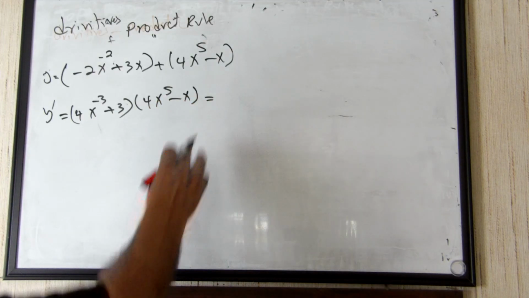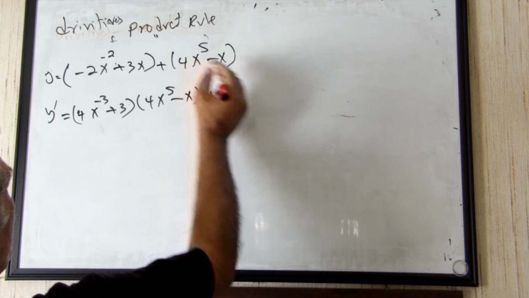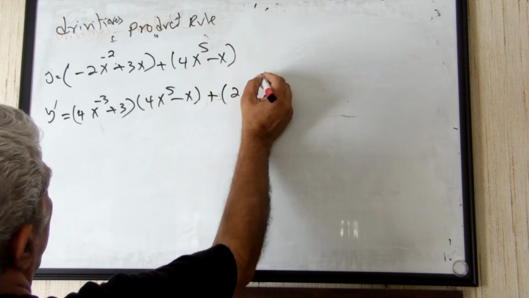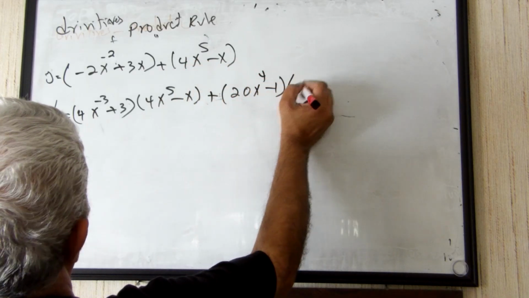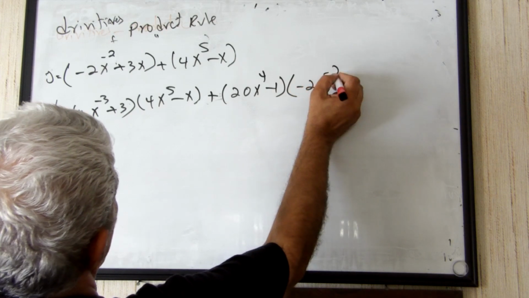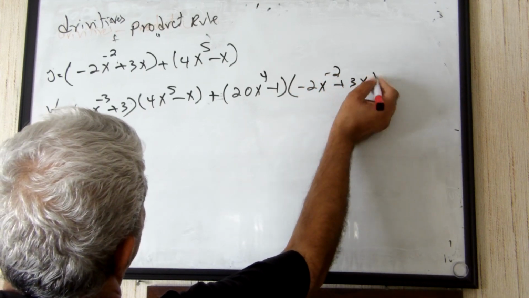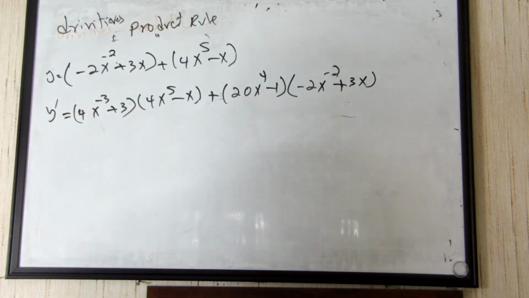Okay, plus the derivative of this one, which is going to be 20x to the 4 minus 1 times minus 2x to the minus 2 plus 3x. Okay.